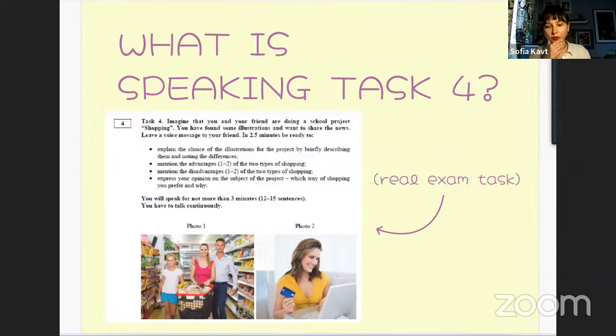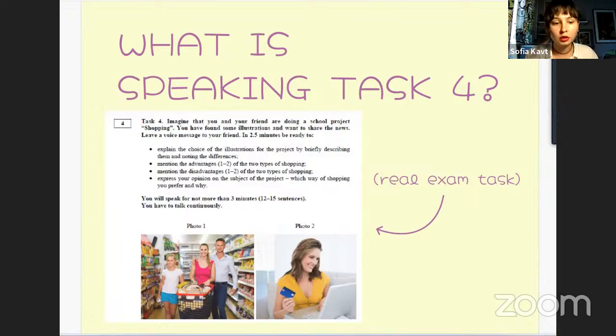For example, if we take a look at this task from the screen, we can see that the topic of the project is shopping, and the pictures under the task illustrate 2 different types of shopping, right? So in the first photograph, we can see going to the grocery store, but in the second one, we can see online shopping.